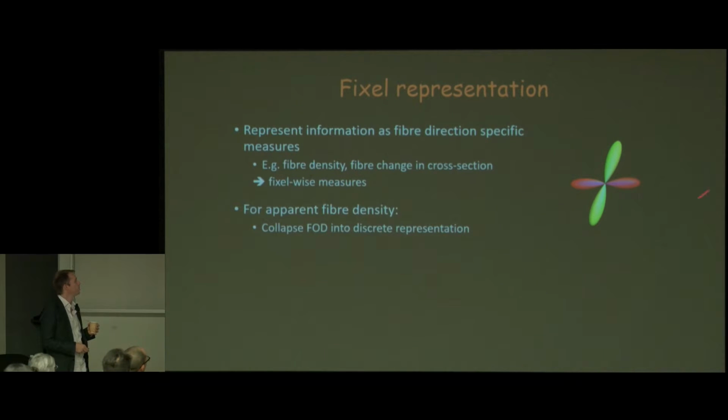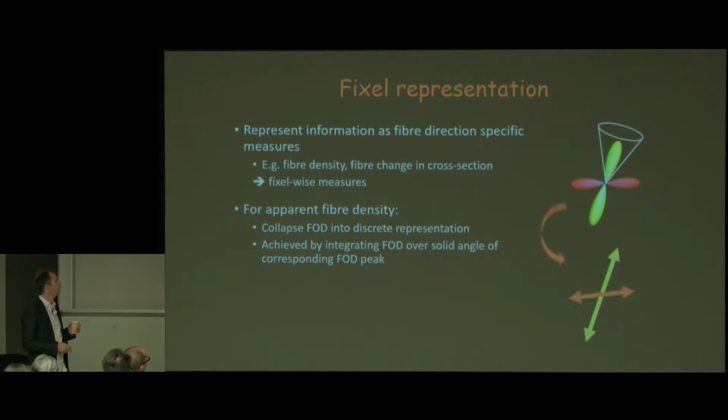So the way we do this is we take the fiber orientation distribution and we integrate it over a solid angle that corresponds to that peak. The integral of this is the fiber density measure that we plug in as the value associated with that fixel, that direction.